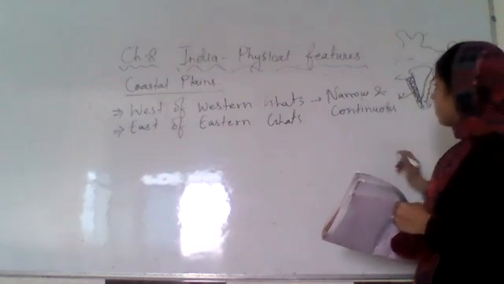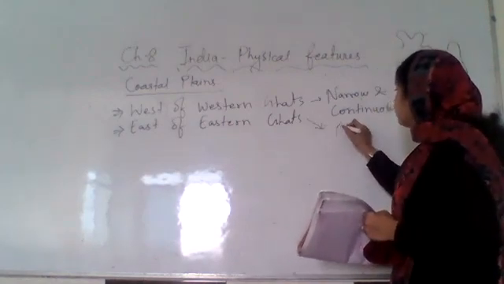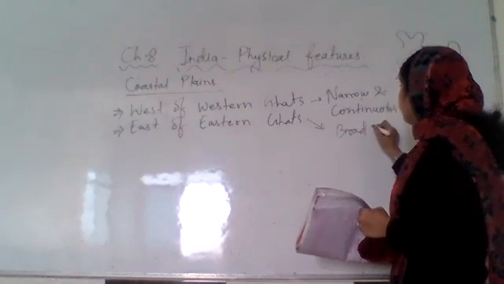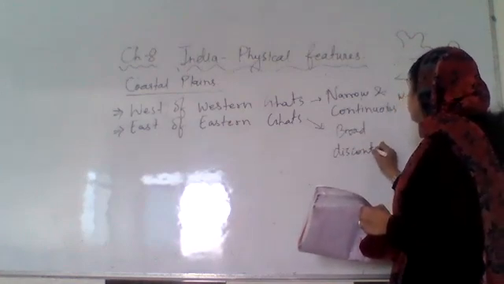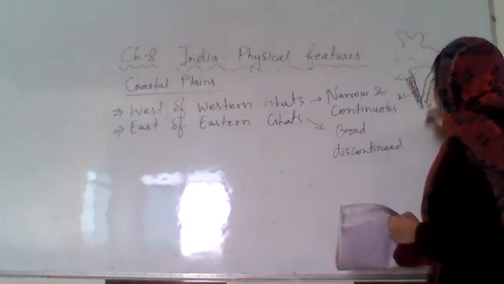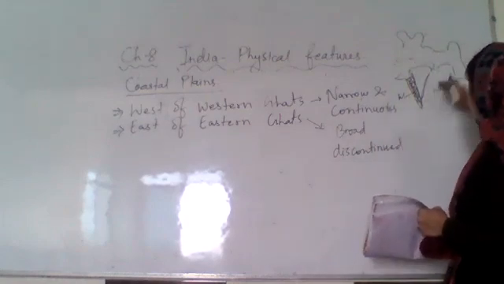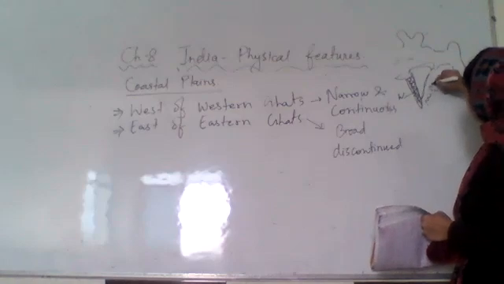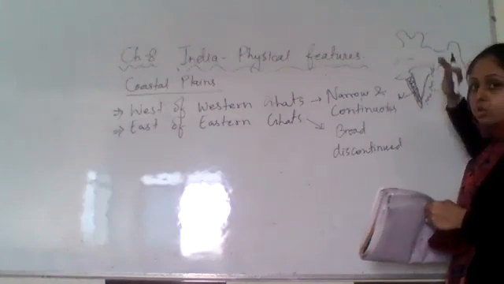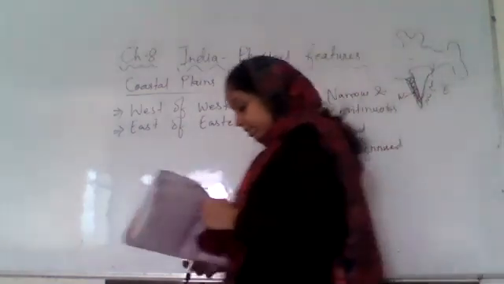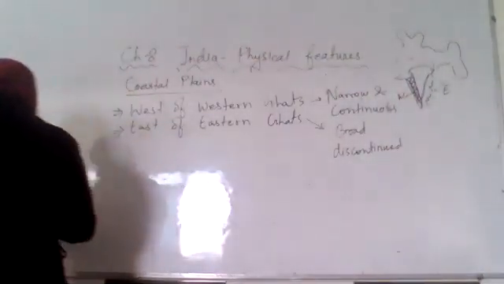Understood? But this Eastern Ghat is broad and discontinued. That means it is not a continuous Ghat. It is like this, like this, like this. It is not continuous mountains, hills. Okay?